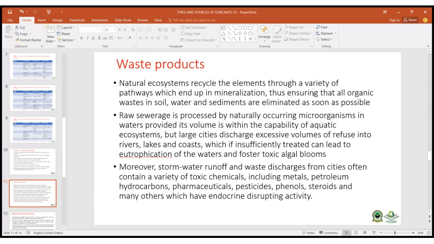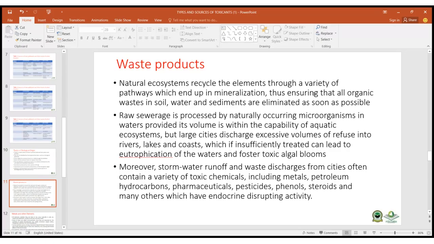That is where the natural ecosystem is working normally. But there are also other waste products like raw sewage, or what we call the septic tank.